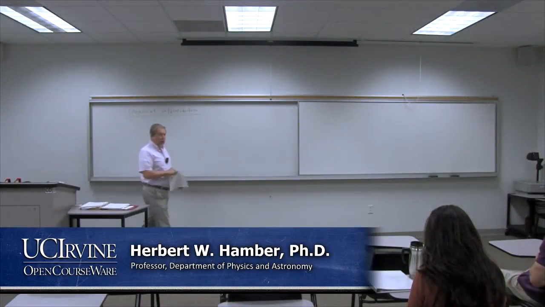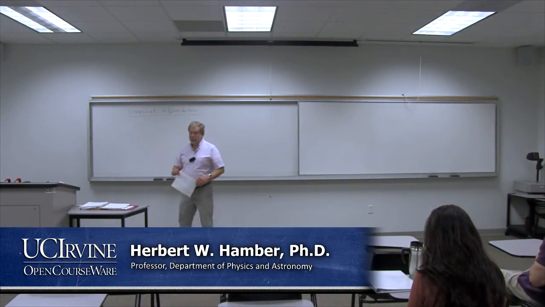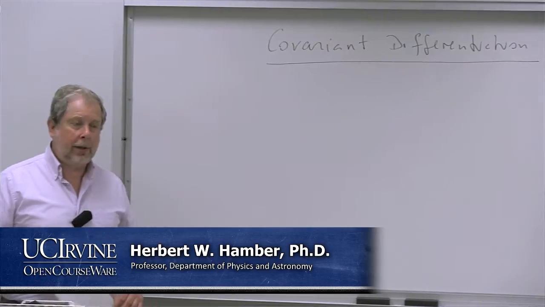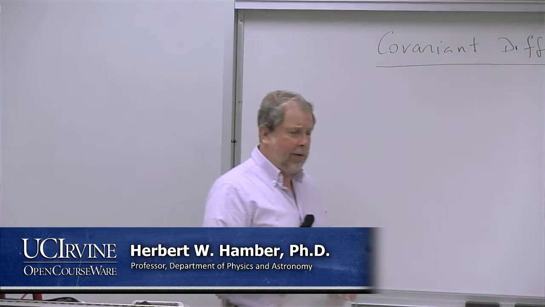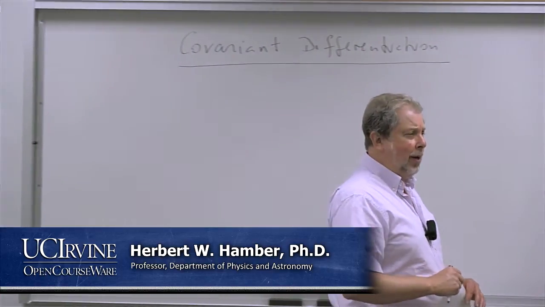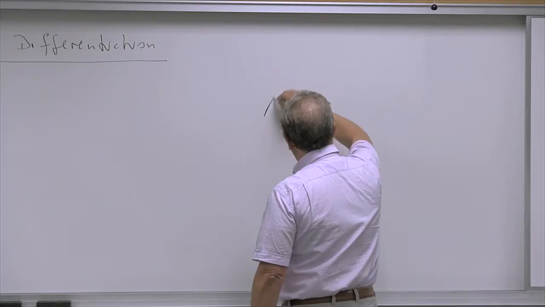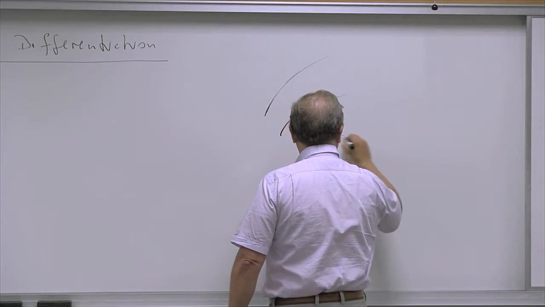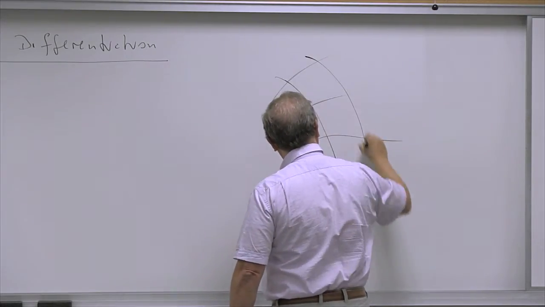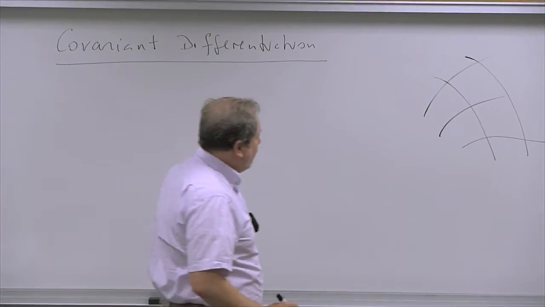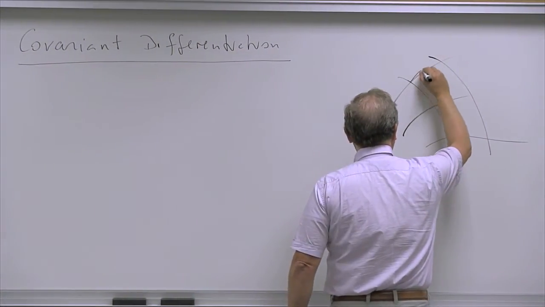So today we're going to continue our discussion of basic properties of curved manifolds. In particular, we're going to talk about how you define a derivative. One of the reasons we want to get into that is that if you have a general coordinate system, which is curvilinear so that it is not flat, then the problem is to define a derivative which has physical sense.